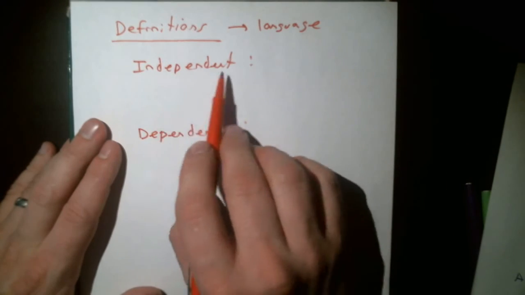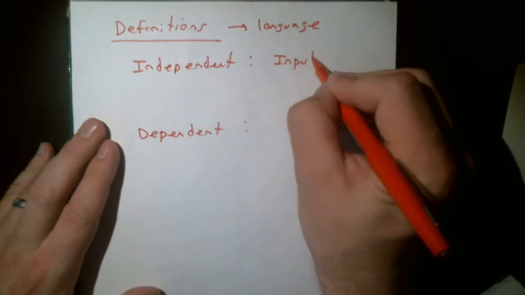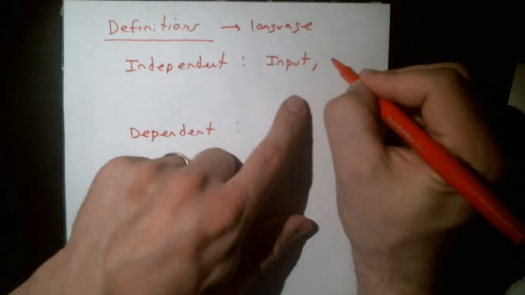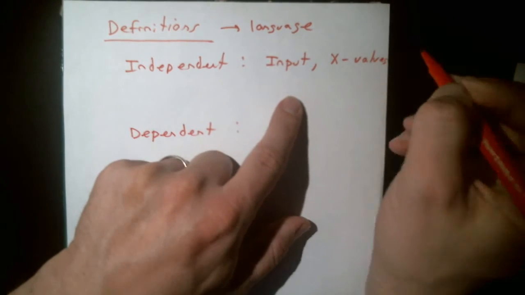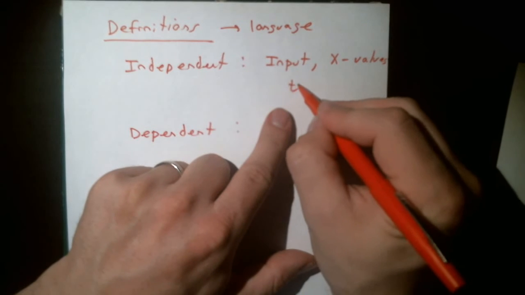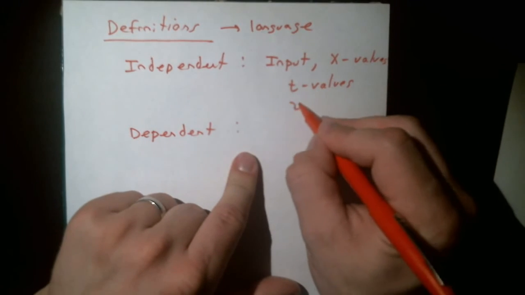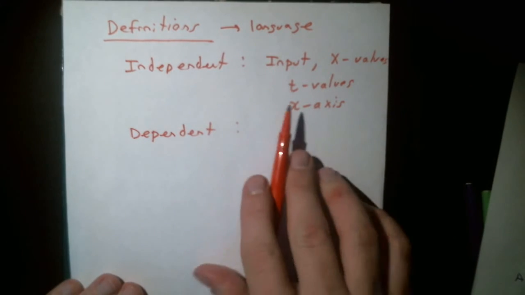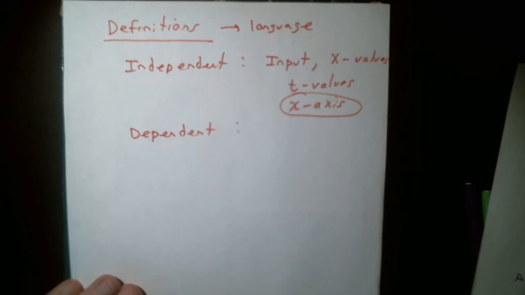So what's our independent variable? Well, this is really what we call the input. The input. This is the x values. You could also call this the t values. You can also call this the x-axis. So really, it's all that x-axis stuff.